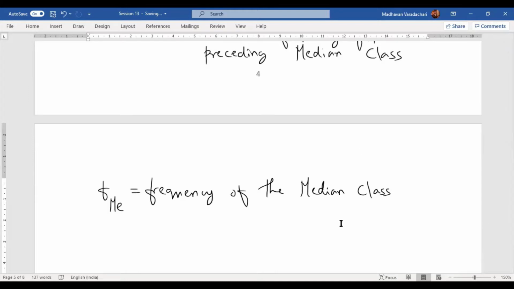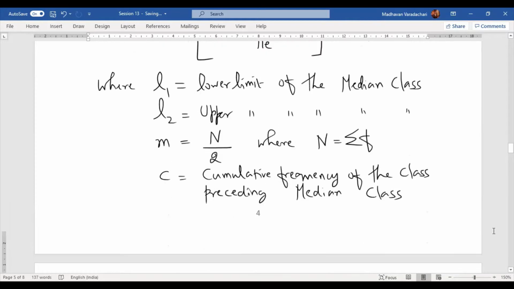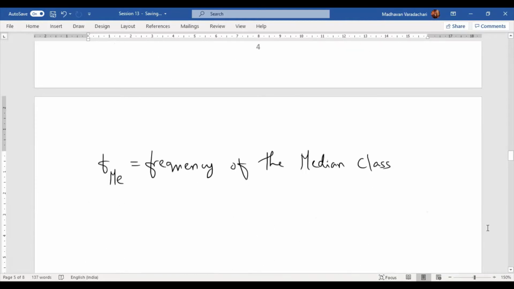Okay, in all this, you may notice a common word is occurring: median class everywhere. So what is median class?